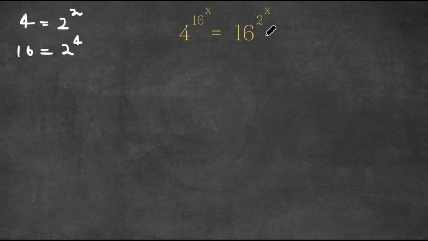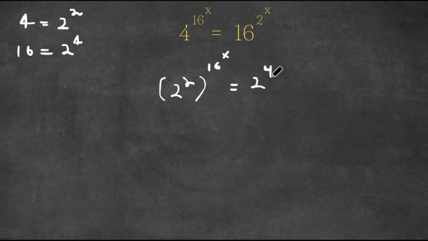So now I'm going to replace these 4 and 16. So now we have 2 squared to the power of 16 to the power of x, and now this is equal to 2 to the power of 4 to the power of 2 to the power of x.